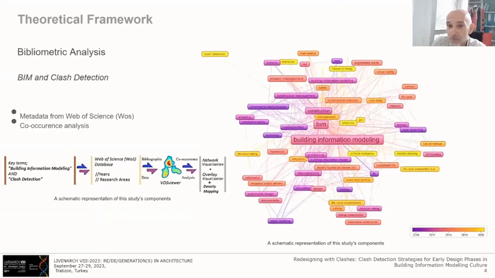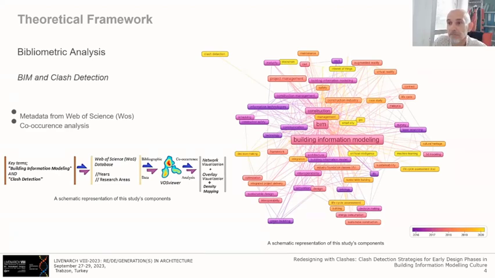To comprehend and interpret the concepts of clash detection, which is a subcomponent of building information modeling technology, using bibliometric analysis on academic big data, the first step is defining the scope of this research, the theoretical framework section. One of the objectives of this study is to understand the relationship between the building information modeling term and clash detection using academic big data.